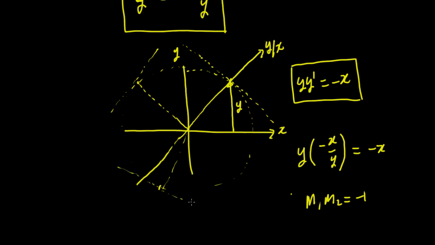So in this instance we're always mapping out a circle, and this is just giving us a geometric description of what the differential equation means.